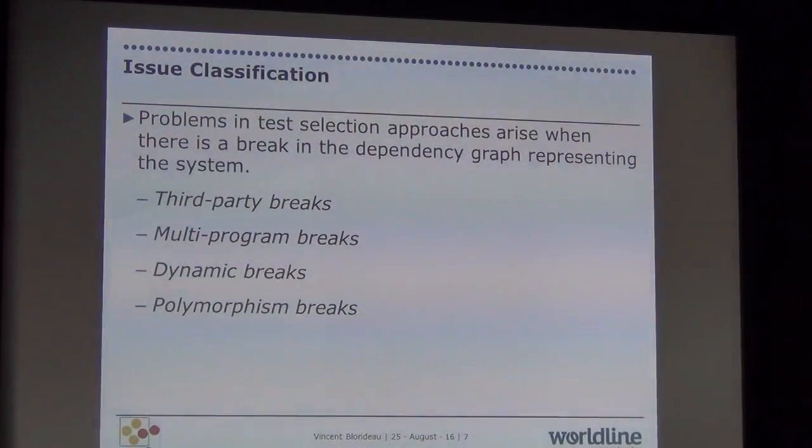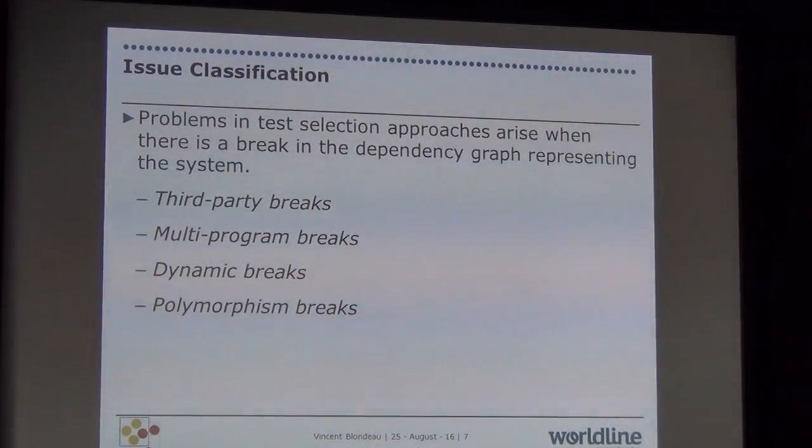From these two approaches, there are some issues that arise when there is a dependency break in the navigation of the graph. It can be due to third parties, through the usage of libraries or multi-programs. When there is a call between a server and a client, we lose the trace between the test and the application tested.